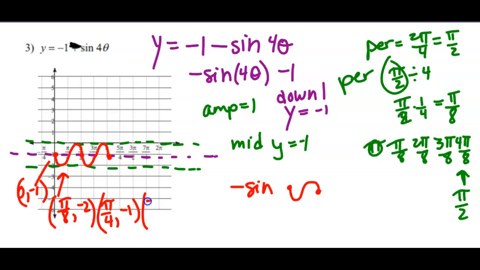Another 1/8 would be 3 pi over 8, and it's up at the top, which is 0. Then 4 pi over 8 or pi over 2, it's back at the midline, which is at negative 1. All right, so these are 8s: 0, 1/8, 2/8, 3/8, 4/8. They're just reduced. And then you have midline, bottom, midline, top, midline, because it was a negative sine.